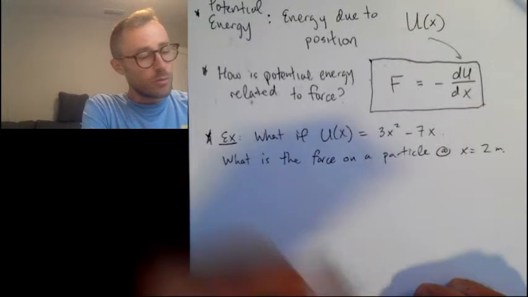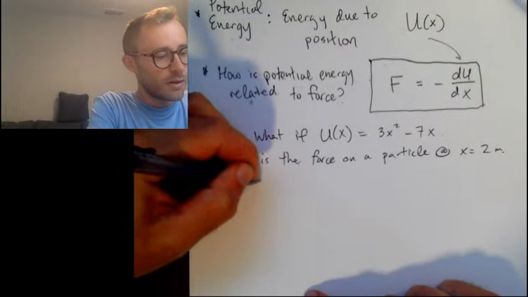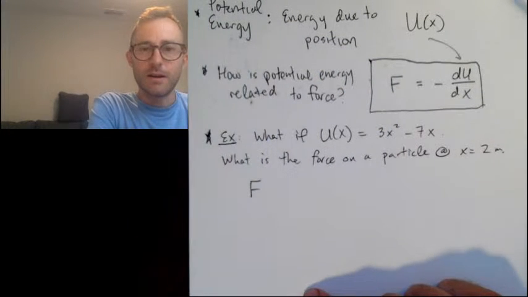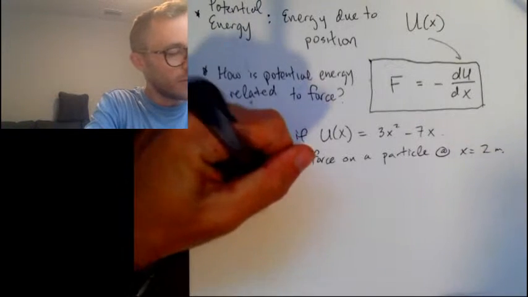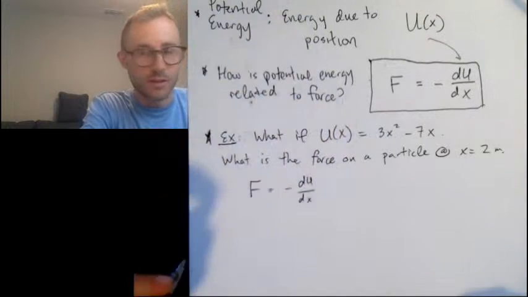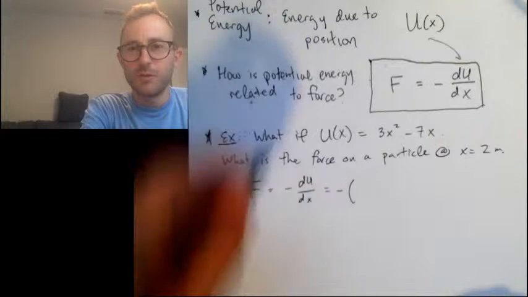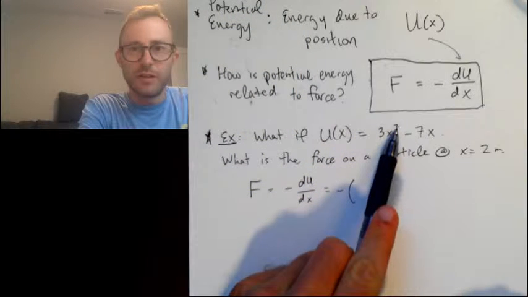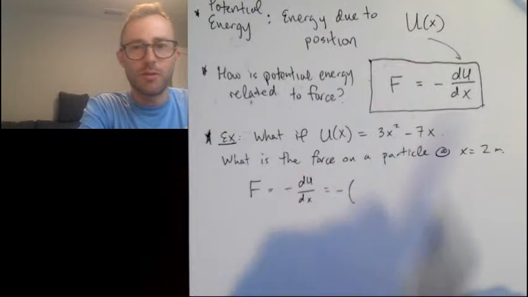Well, what we would do is we would use this equation. All right. So F equals minus the derivative of the potential. So we have to do that derivative thing. So taking the derivative, if you recall, means bringing the power of x down and then reducing the power by 1.